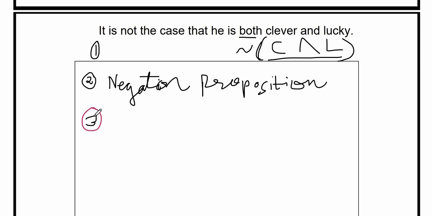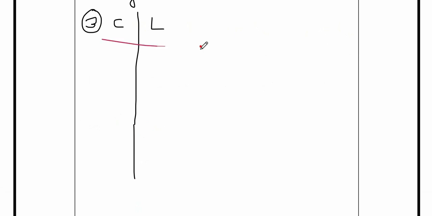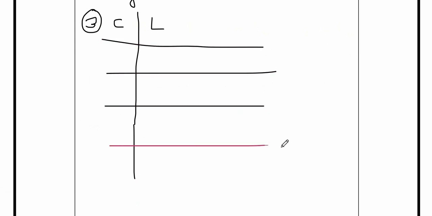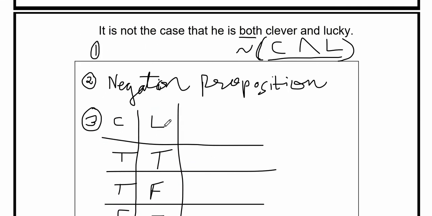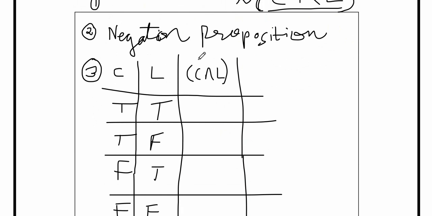Now the third part, we come to the truth table. This truth table will be much simpler. First we do two columns here, C and L, and it will be only 4 rows: true, true; true, false; false, true; and false, false. First we solve C and L, clever and lucky.